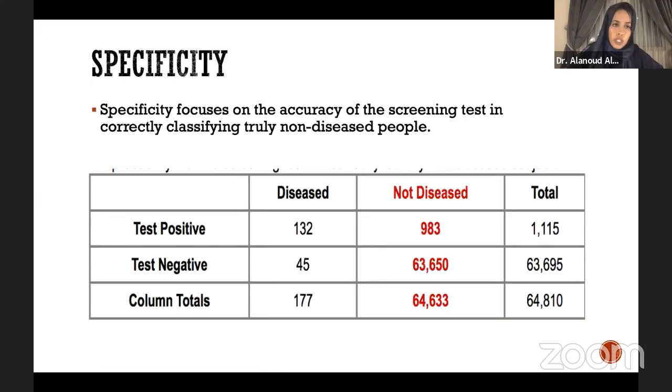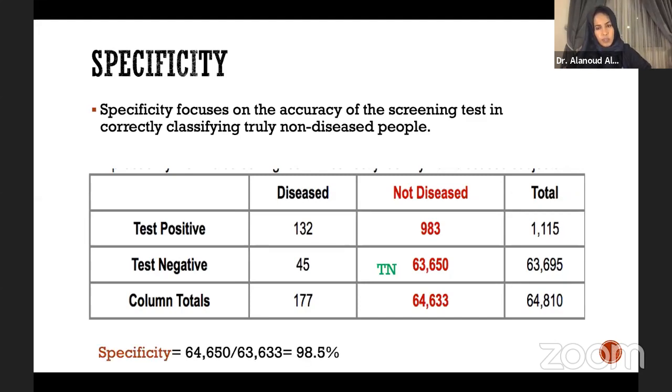However, specificity focuses on the accuracy of screening tests in correctly classifying truly non-diseased people. So a test that can detect the true negative people who will not have the disease, or the probability of testing negative given you don't have the disease. So again, the denominator will be not having the disease, and it's testing the true negative.